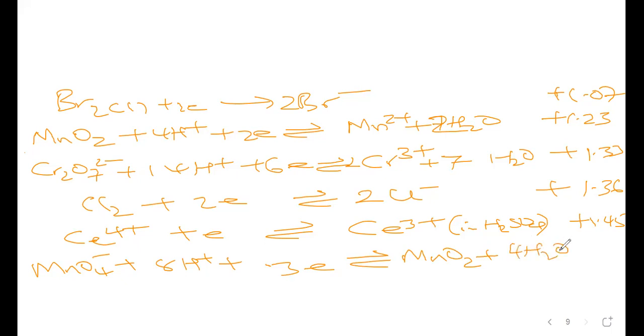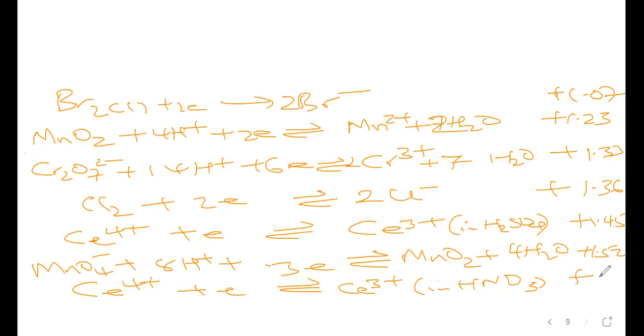This one here is 1.52 positive volts. Then we still have the cesium ion 4 plus an electron, giving us still the same equation as the previous one, but in this case we have it in nitric acid. In that case, electrode potential is positive 1.61.